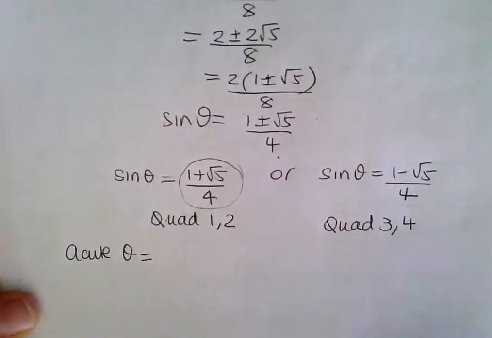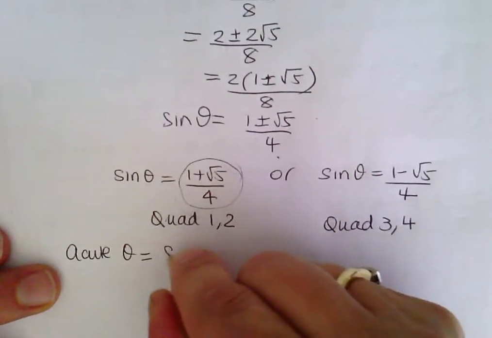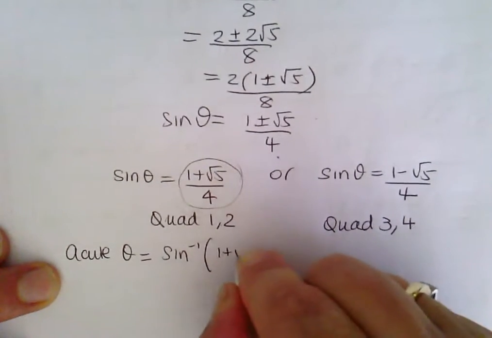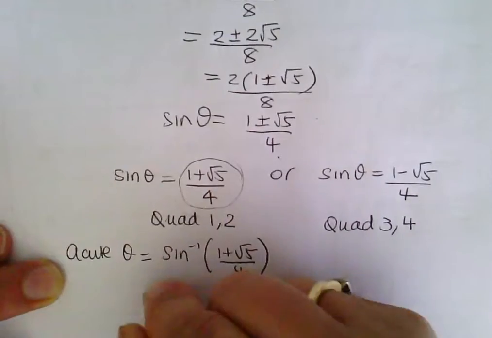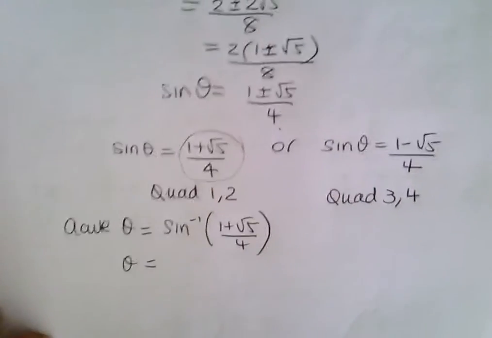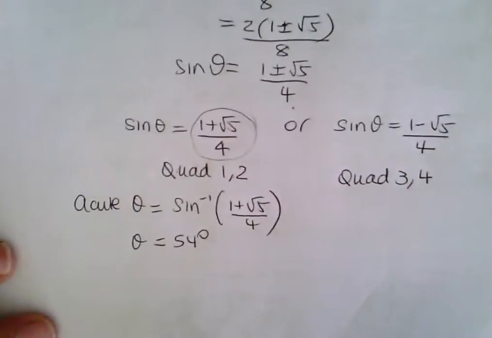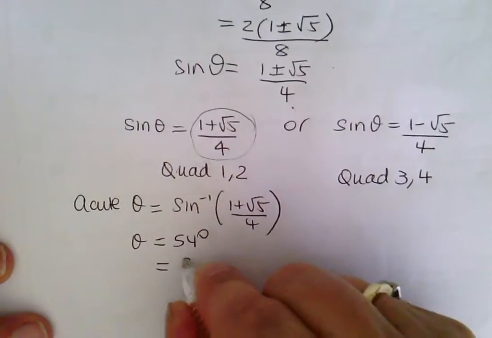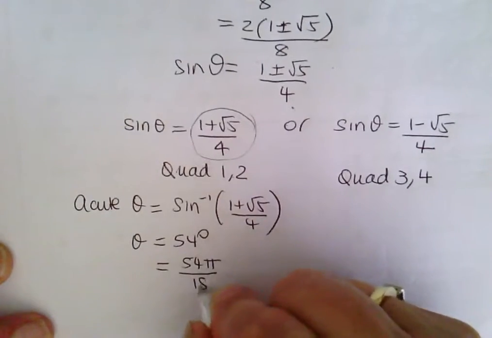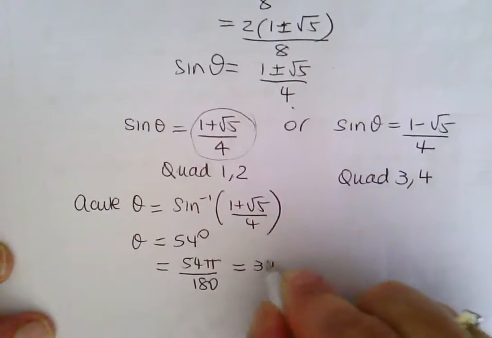Oh, that's good. So therefore, acute angle theta is sine to the minus 1 of 1 plus root 5 on 4. And did you get an exact answer there? 54 degrees. So which is, in terms of radians, isn't it 54 pi on 180? 3 pi on 10. How nice is that?